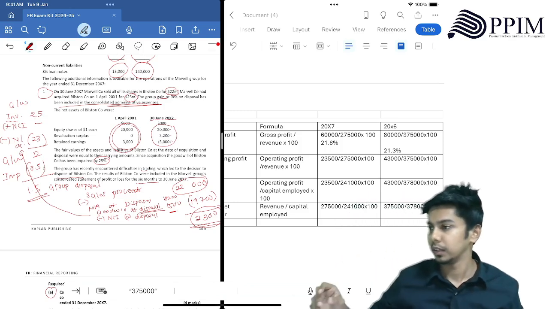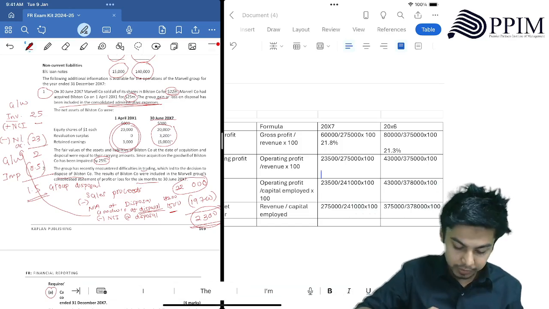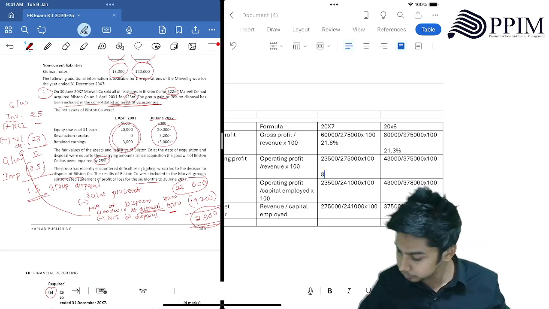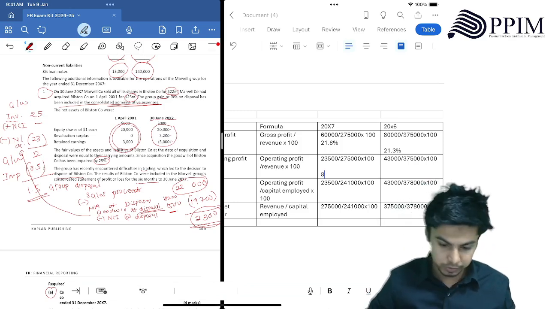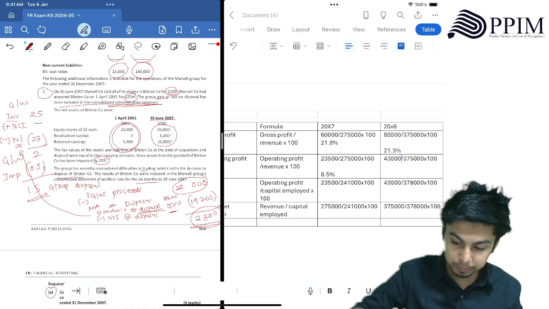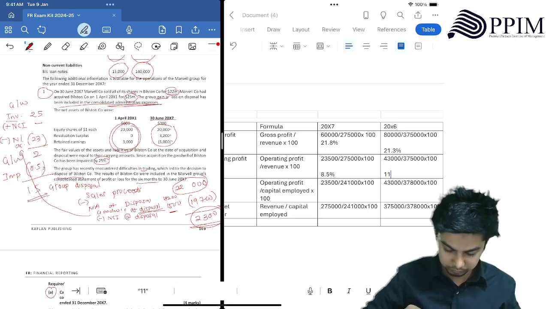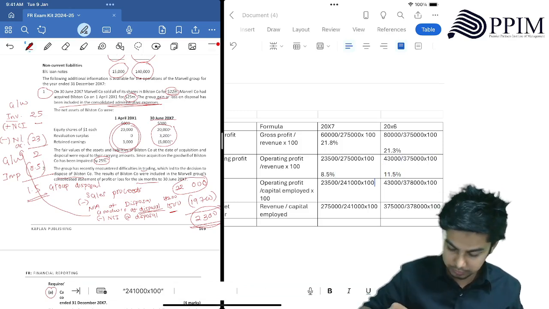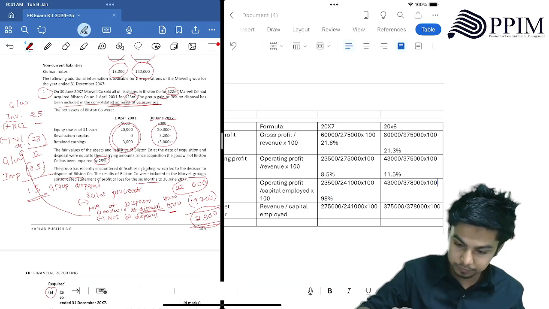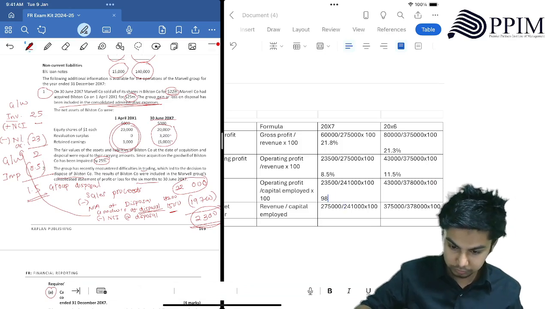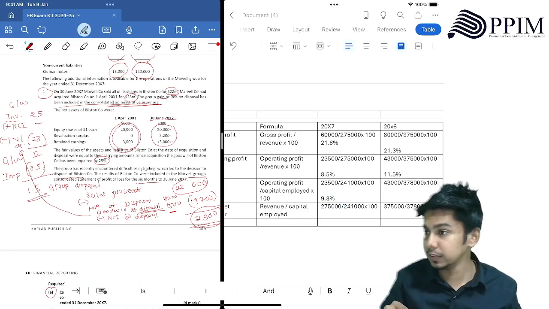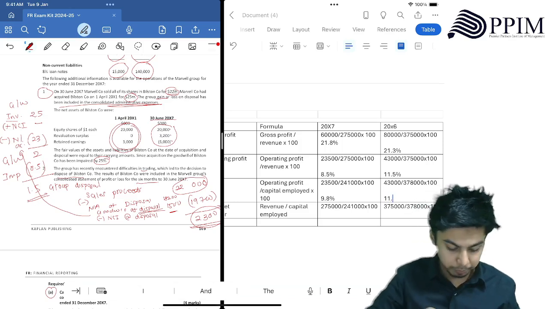Okay. Right. Then, guys, over here, according to a student, 8.5%. And the other one, 11.5%. Right. Then over here, 9.8%. And over here, it's 11.4%.